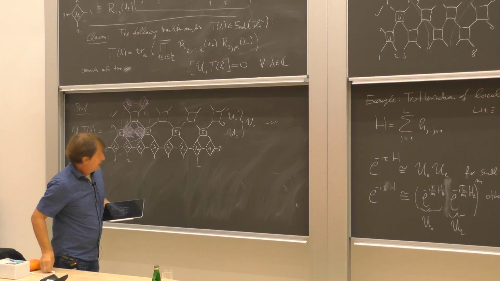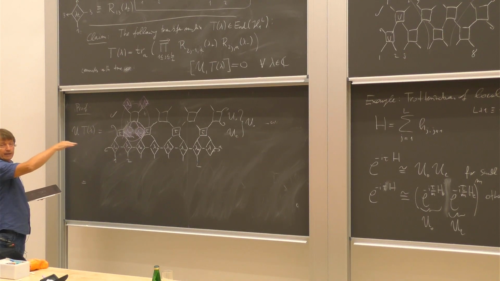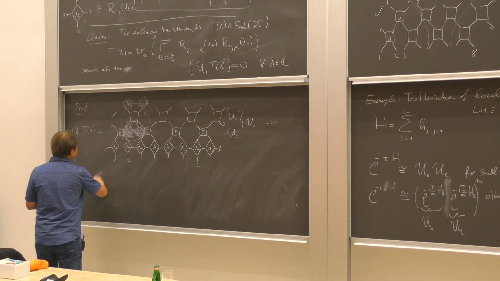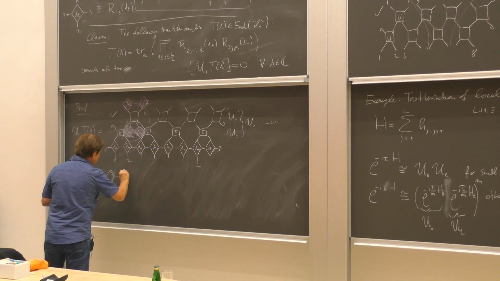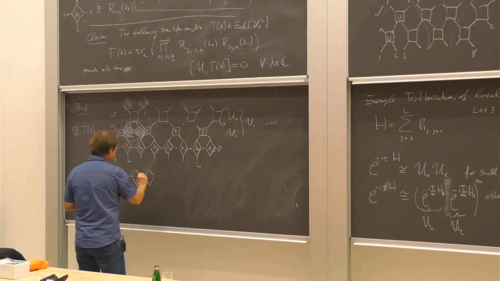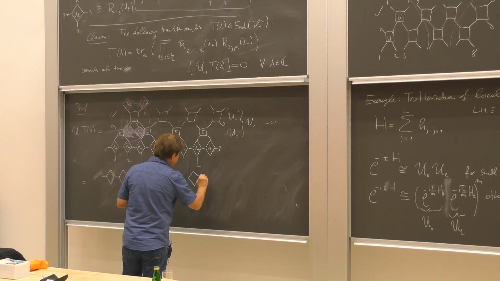So after applying this diagram twice, on two layers, we get the following ladder: 1, 2, 3, 4, 5, 6, 7, 8.